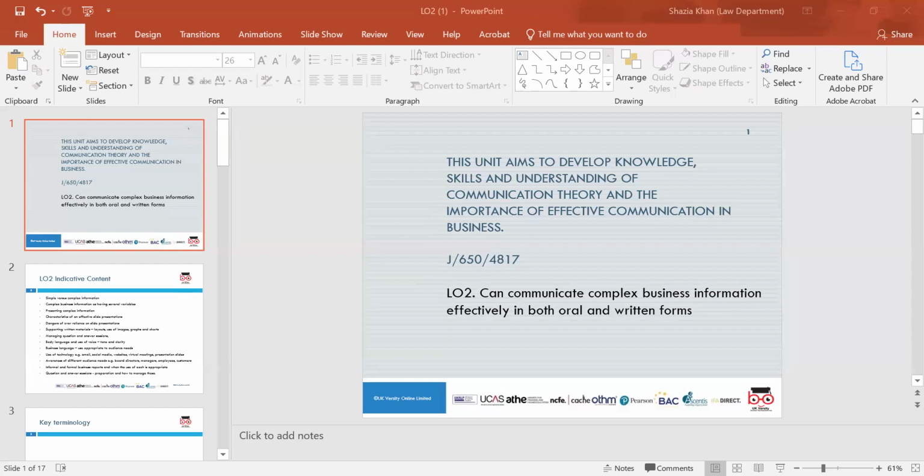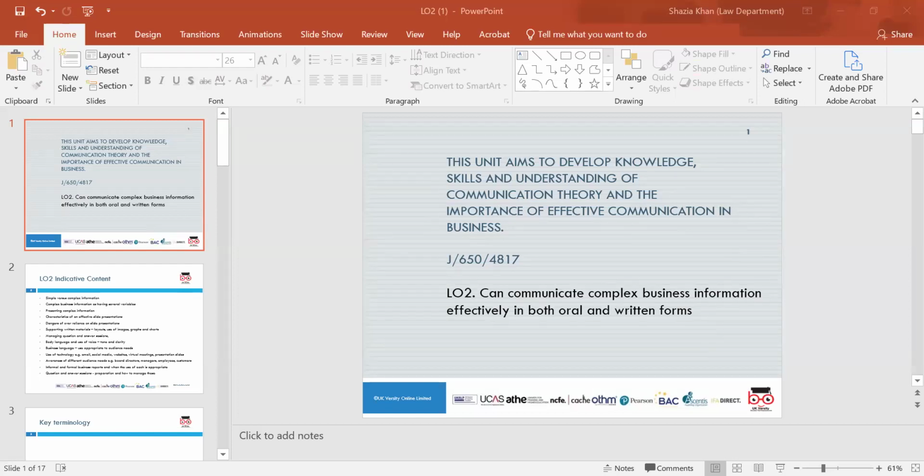So if you have a problem, again, cultural barriers, language barriers may be one thing. If you have language issues, you may not be able to communicate things in the right way. We also then went on to look at the different channels of communication, internal and external in organizations.